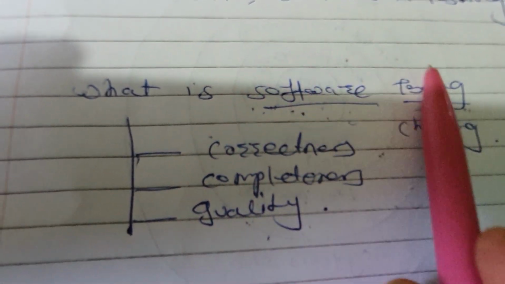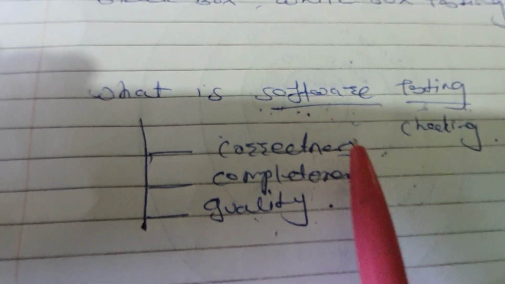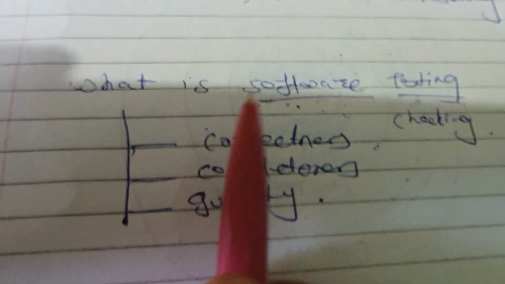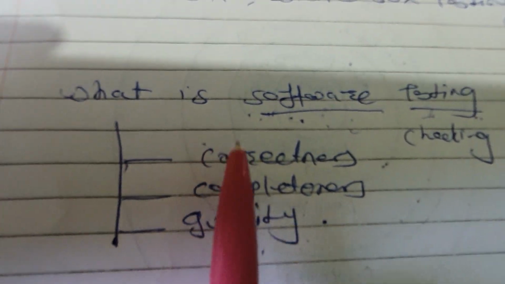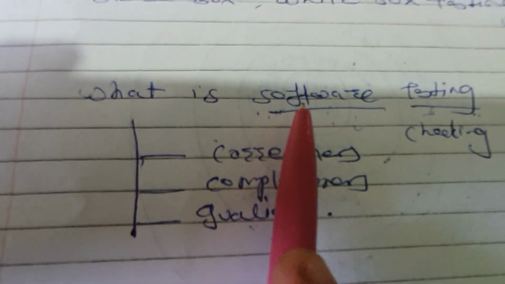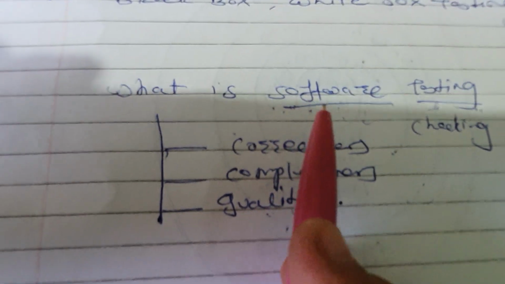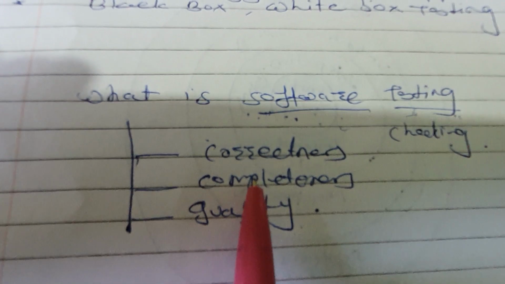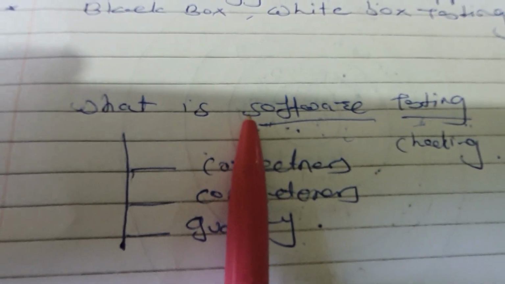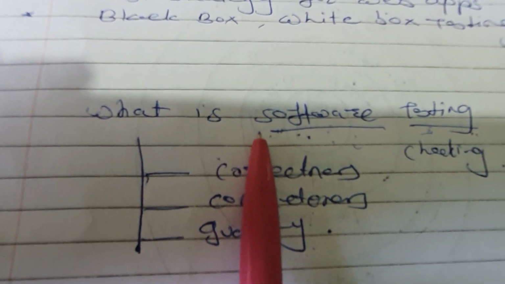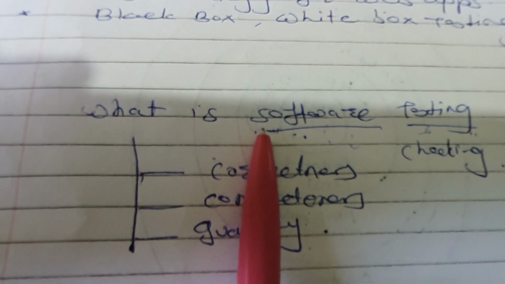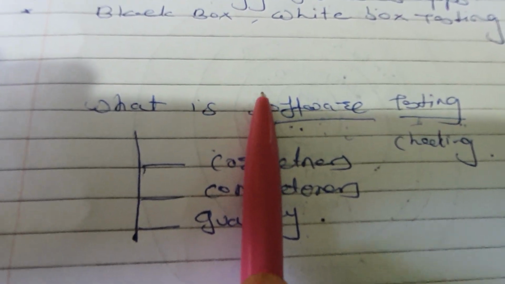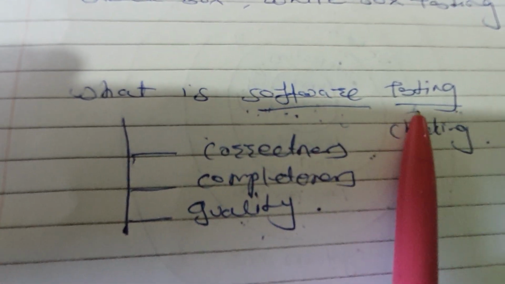Such a process is called software testing. In short, we also say it helps to identify errors, gaps or missing requirements, means whatever software we are going to design, to identify the requirement, the errors, the gaps, we need testing.